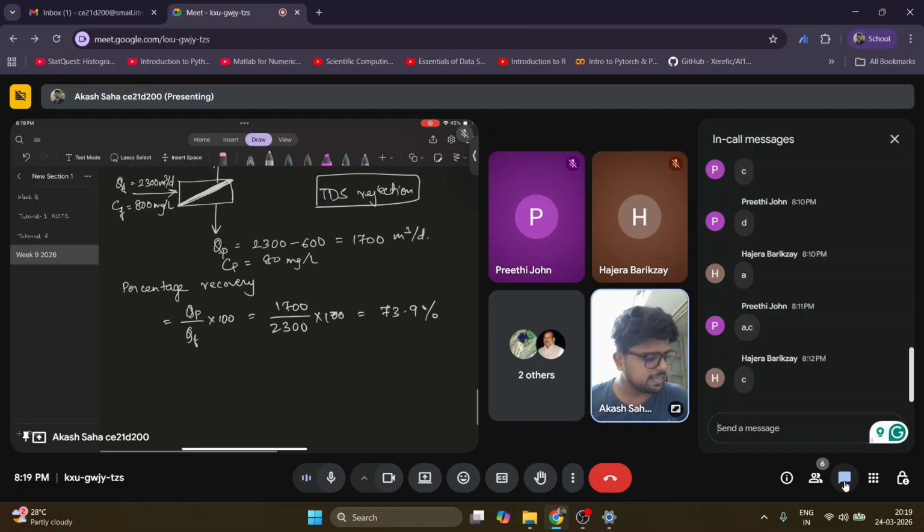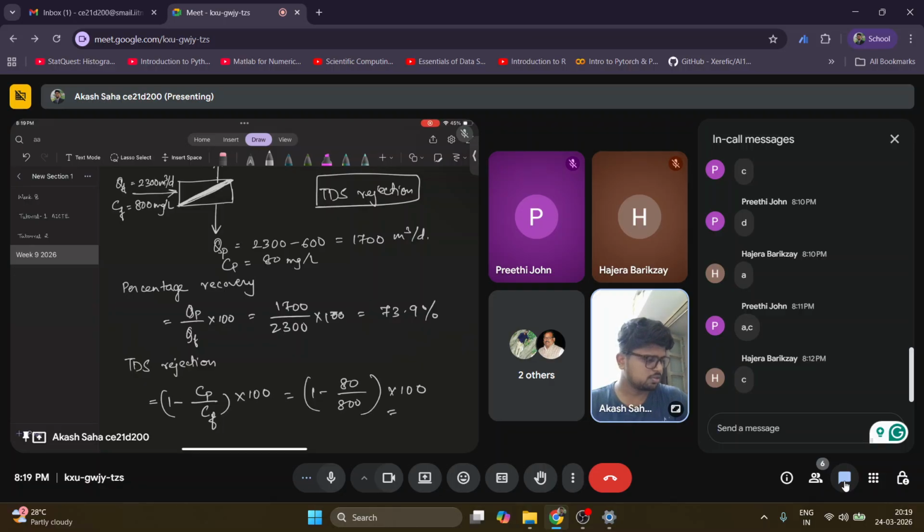So what will be my TDS rejection? How much is getting rejected? This is nothing but 1 minus Cp by Cf. Does that make sense? Recovery is permeate by feed, but rejection is 1 minus permeate by feed, that is 1 minus Cp by Cf. So this is 90%. So 90% of the particles are getting rejected by the membrane.